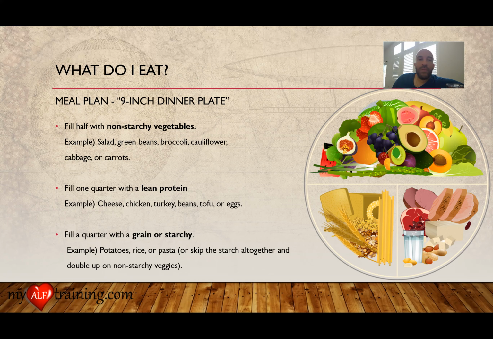So once you've filled up half of a 9-inch plate with non-starch vegetables, you can then go ahead and fill 1/4 of the plate with a lean protein. Some patients may have blood disorders such as anemia, so they may need a little more protein.